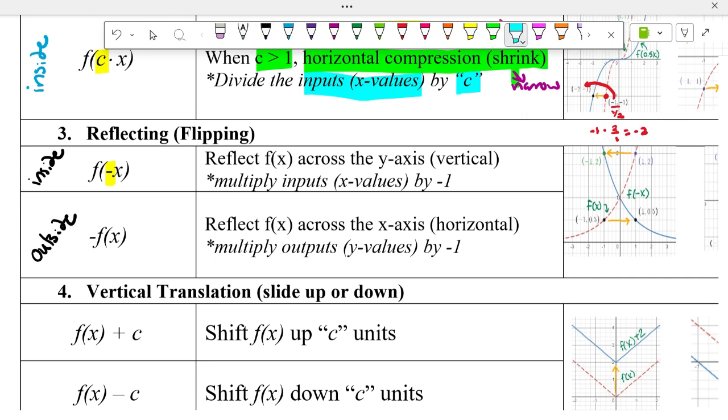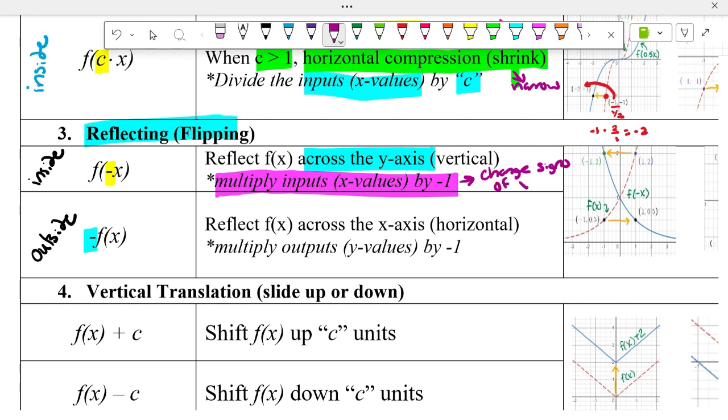So with reflections, it's all about the negative symbol being multiplied, whether it's being multiplied to the inside or the outside. If it's being multiplied to the inside, you reflect the function across the x-axis. And all you would do is multiply the inputs or x values by -1. Another way you can write it is change the signs of the x value.